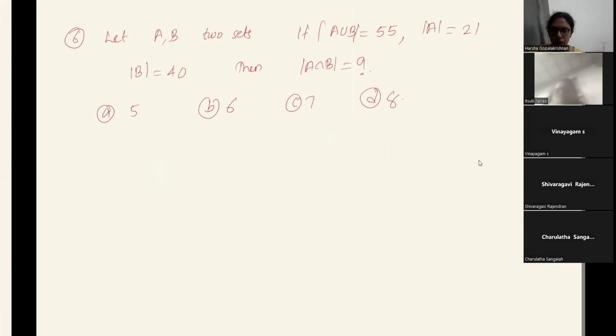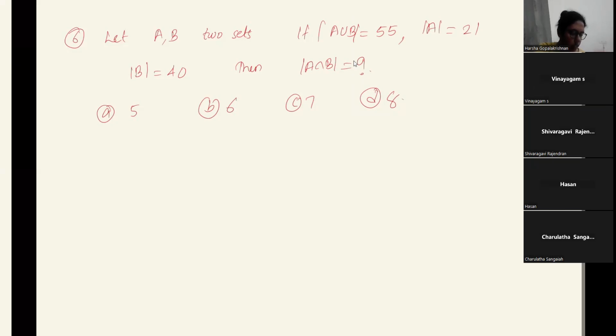Okay. So there is a formula to find the cardinality of A intersection B. Option D, 8 actually.